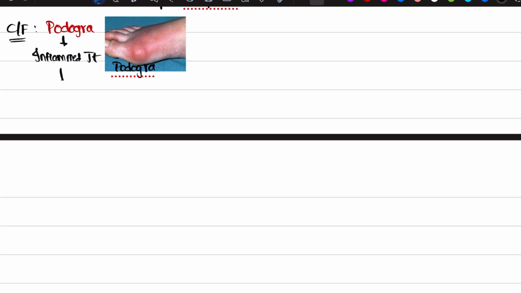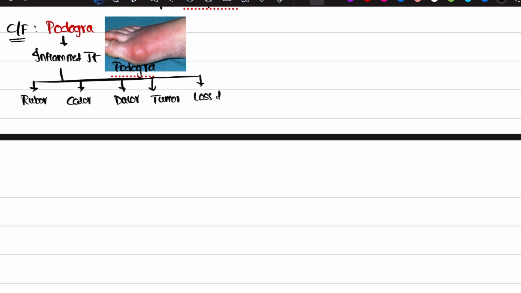In this inflamed joint, it is causing the cardinal signs of inflammation: rubor, calor, dolor and tumor, and it also leads to loss of function.